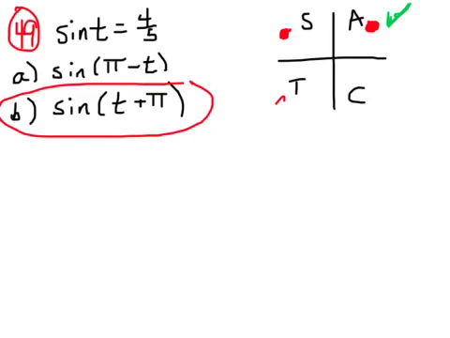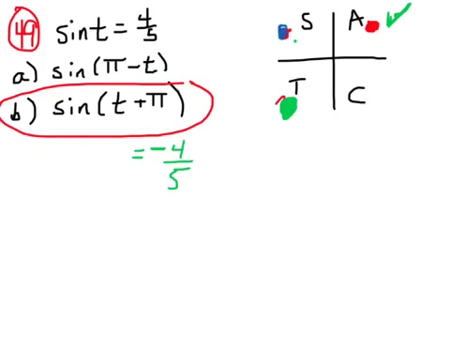If I were to go 180 degrees, which is pi, I would end up here. Is sine positive in that quadrant anymore? It is not. The only thing that's positive there is tangent. So this is going to have a negative sign, and it's going to be negative 4/5.